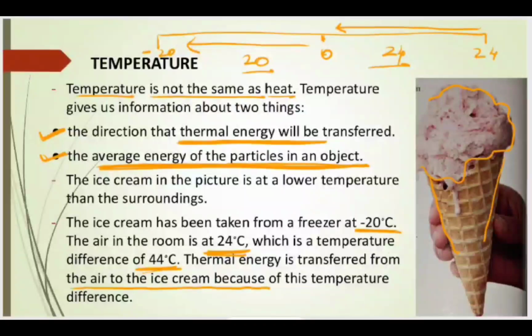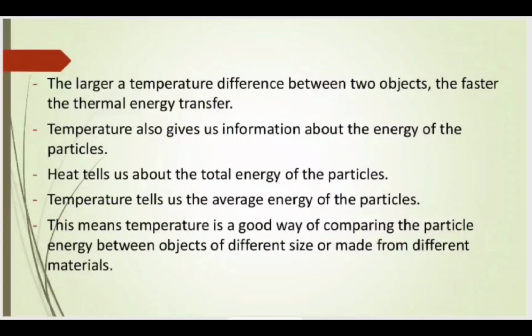So the higher the difference between the two objects, or basically between the surrounding air and the ice cream, the faster the transfer. The larger the temperature difference between the two objects, the faster the thermal energy transfer.